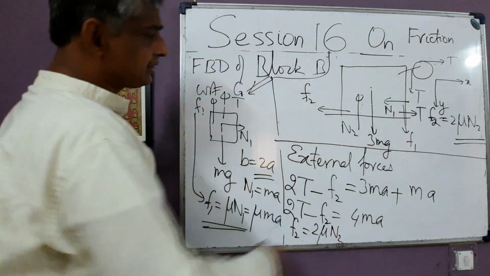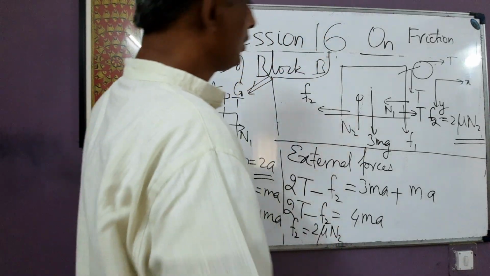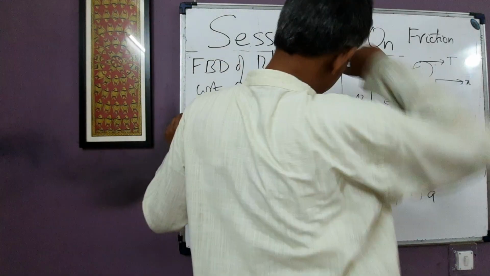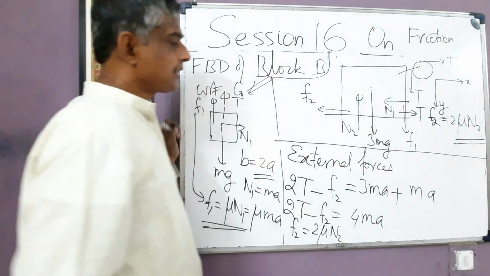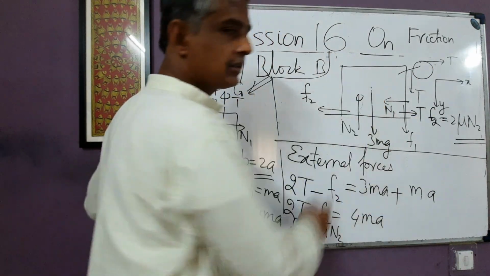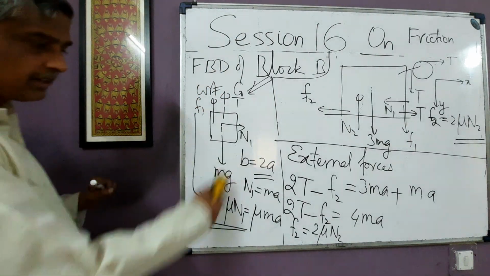Now, how to find this N2? To find N2, I consider the system wedge plus this pulley P3 and apply Newton's second law to this wedge with respect to ground in the vertical direction.